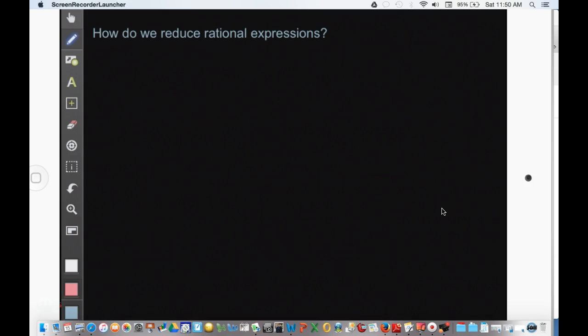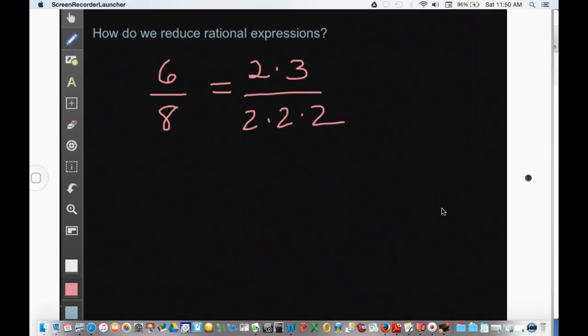Now we want to reduce rational expressions. Before we reduce rational expressions, let's go back and review reducing rational numbers. Most of you are pretty good at this, and you know we just divide top and bottom by 2. When you first learned this, you probably talked about prime factorizations and said, you know, 6 has a prime factorization of 2 times 3, and 8 has a prime factorization of 2 times 2 times 2.